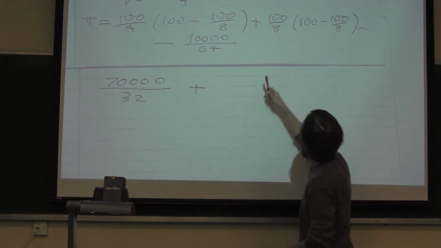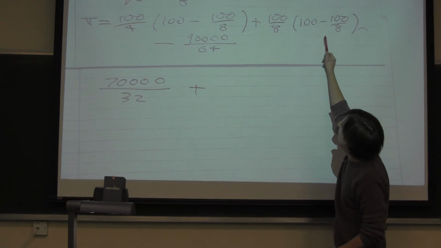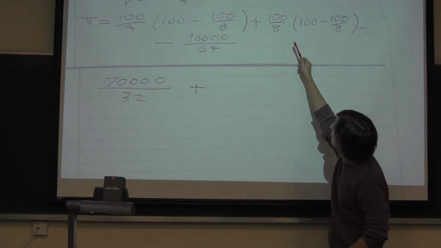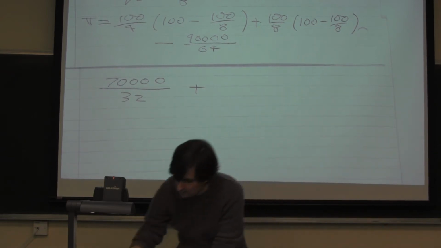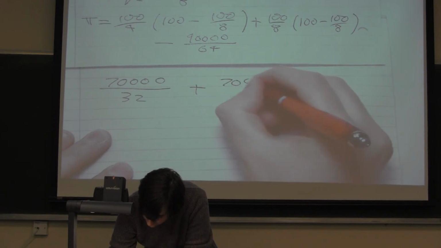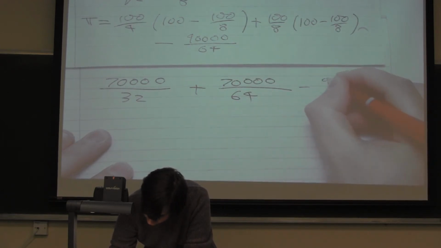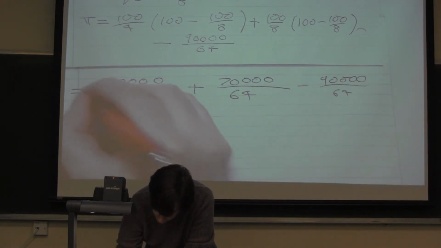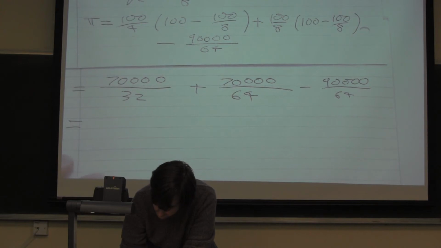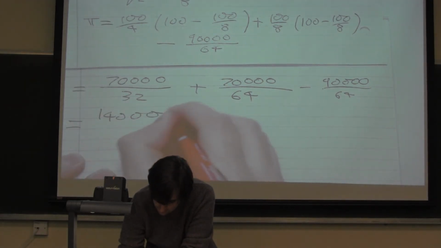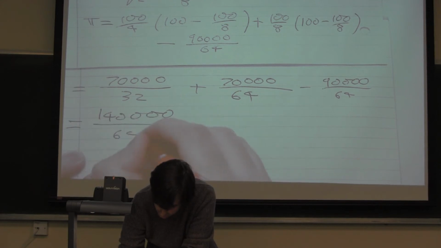The next term is the same thing: 700 over 8 times 100 over 8, so 70000 divided by 64 this time, minus 90,000 over 64. So this is equal to 140,000 over 64.